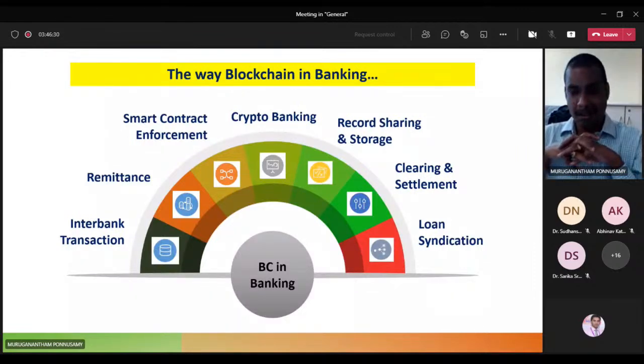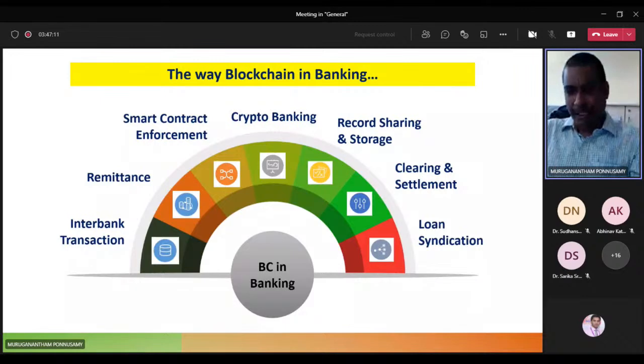In fact, Ripple, that is MoneyGram, or HSBC, or the American banks have already implemented it for remittance, smart contract enforcement, in fact, crypto banking. We can think of record sharing and storage, in fact, clearing and settlement, and loan syndication, etc.